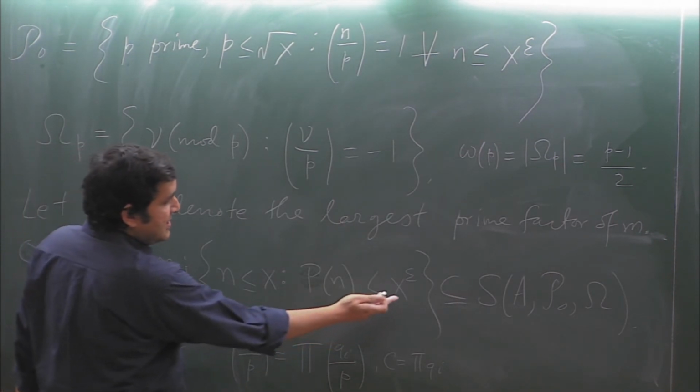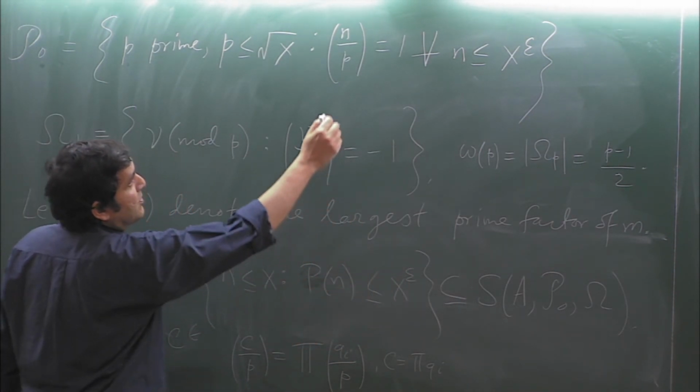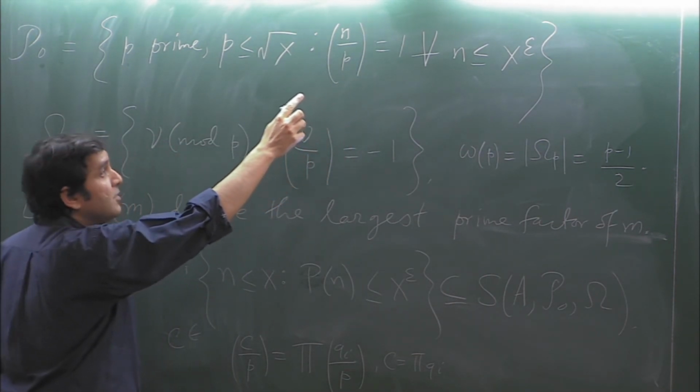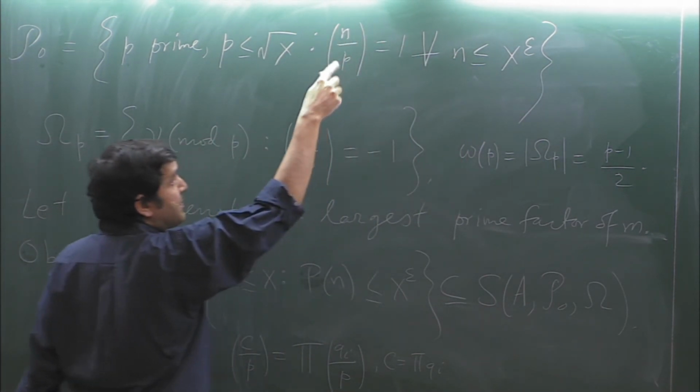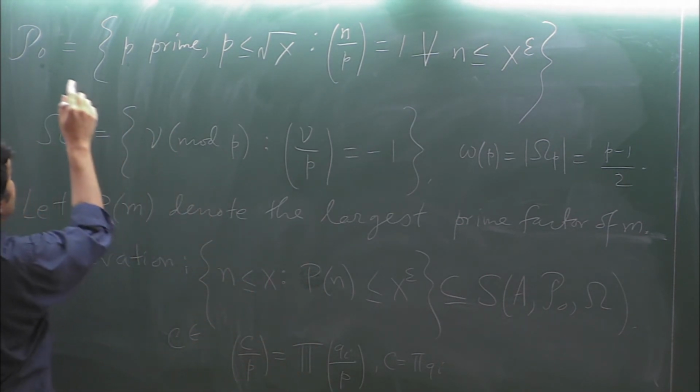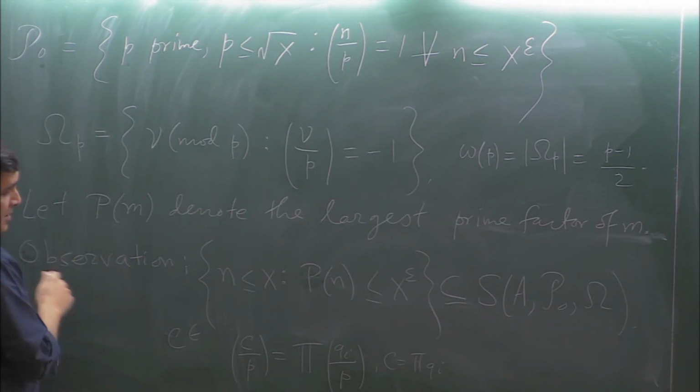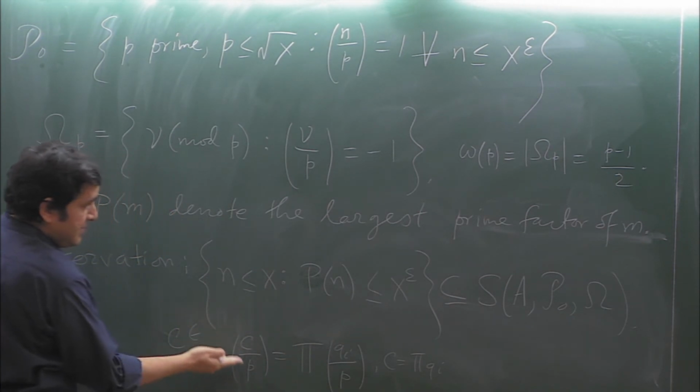But all these Qi's are smaller than x to the epsilon, so they will be 1. Because if n is smaller than x to the epsilon, (n/p) is 1, where small p is some prime coming from P naught. So all these things are 1, and therefore (C/p) is also 1.